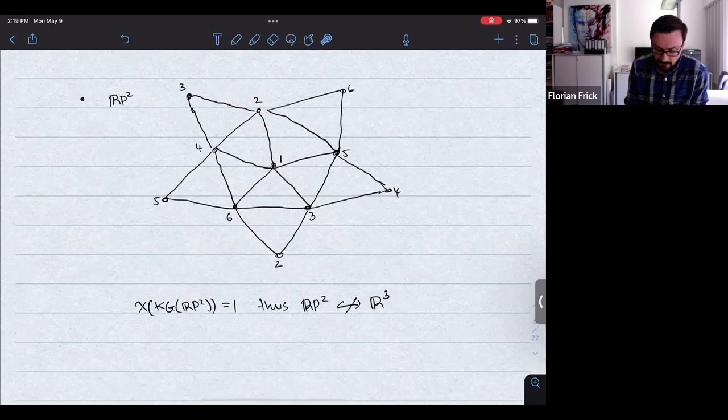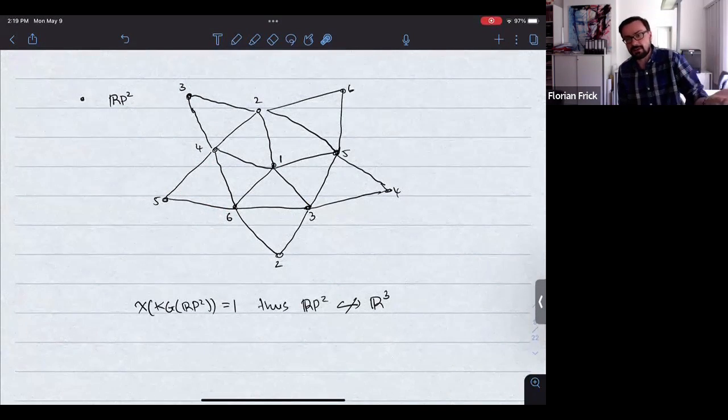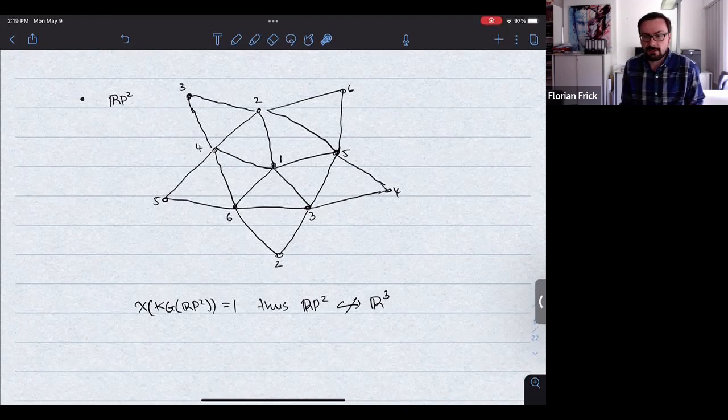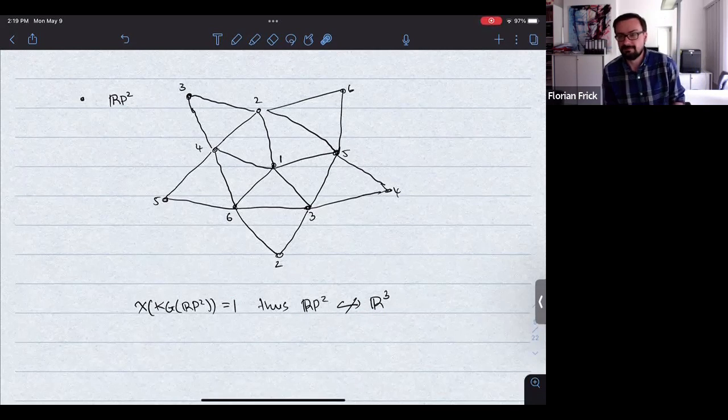So 1, 2, 3, the complement is 4, 5, 6, and indeed 4, 5, 6 is a triangle of my triangulation. So this is a complementary triangulation. For every triangle that's in it, the complement is not, and vice versa. But that's just a different way of saying the chromatic number is 1. All the non-faces intersect, which means 6 minus 2 minus 1 is 3. RP2 doesn't embed into R3. Okay.